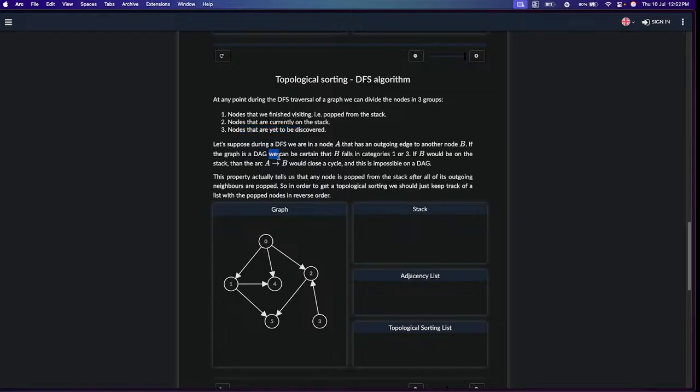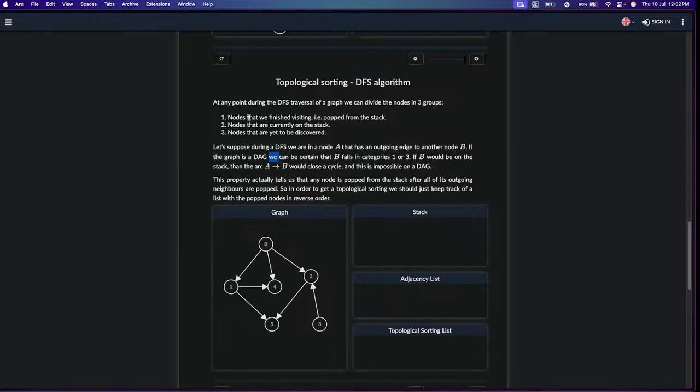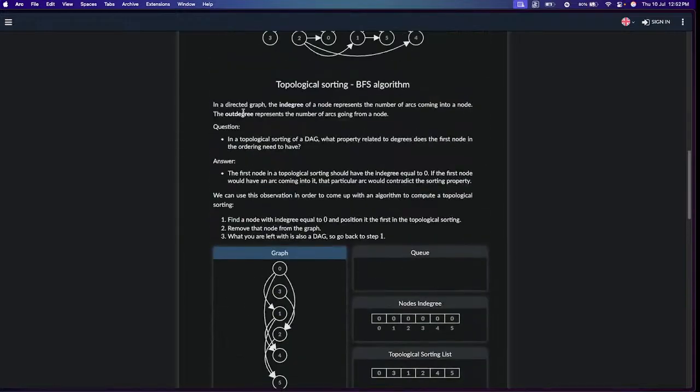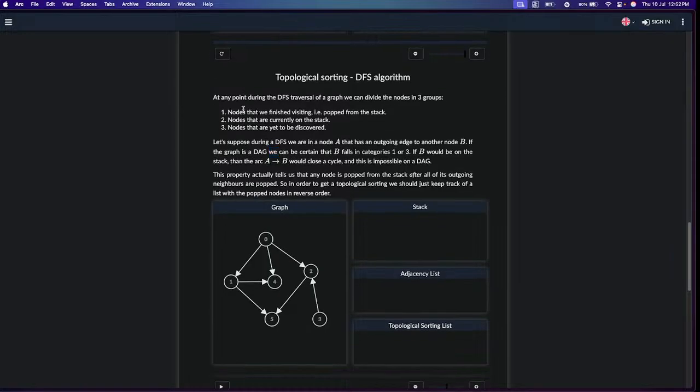So let's read through this, because BFS seemed much simpler, but DFS is something that I have to read through as well. If the graph is DAG, we can be certain that B falls in category 1 or 3.